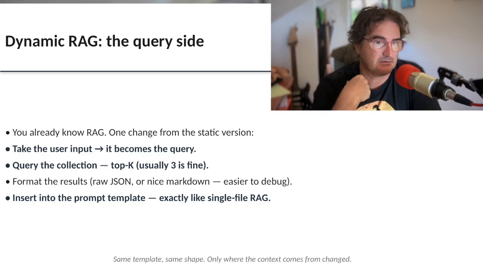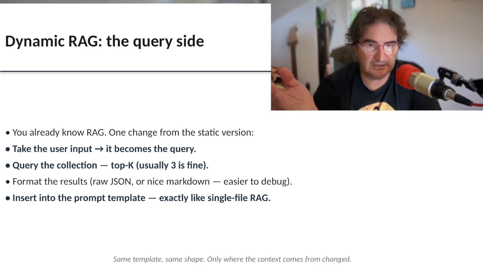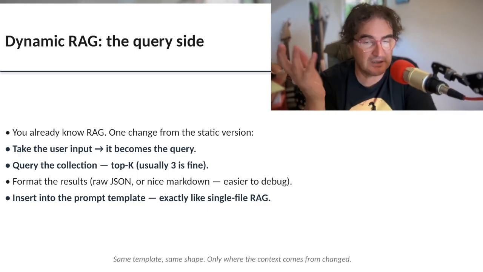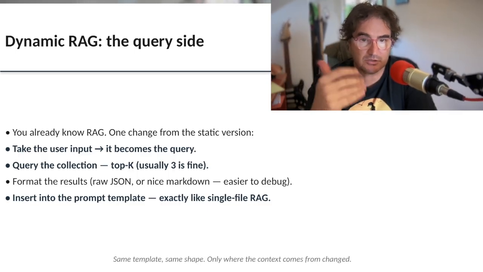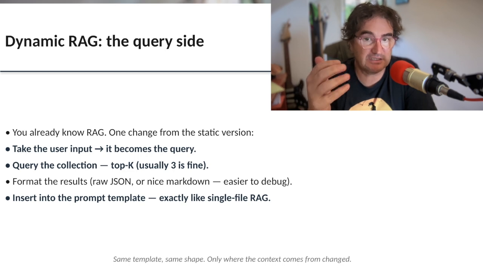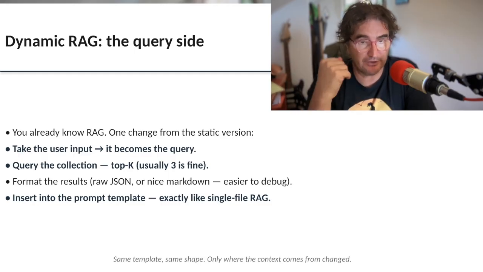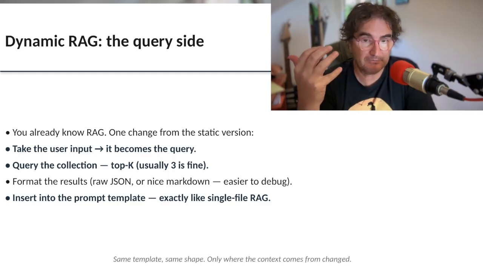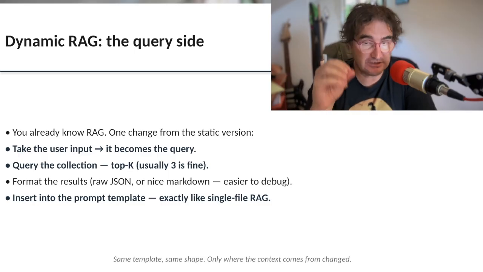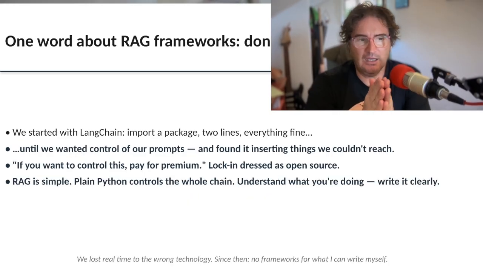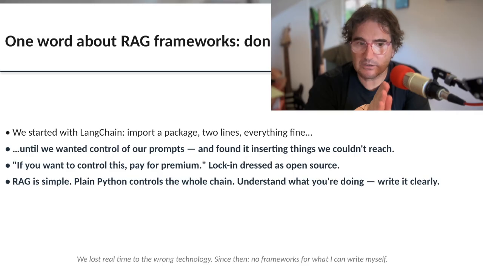You can provide just all the JSON that the collection gives you, and the LLM will decide what to do with it, or you can format it in a nice markdown, so it's easy for you later to see what is going on, for instance if you debug the text that is going to go into the LLM. Then you take this markdown or this JSON and insert it in the prompt template exactly like you did in single file RAG.